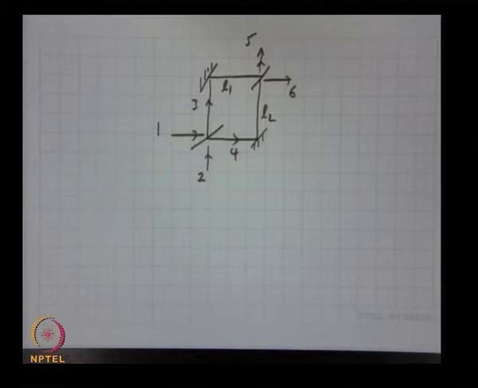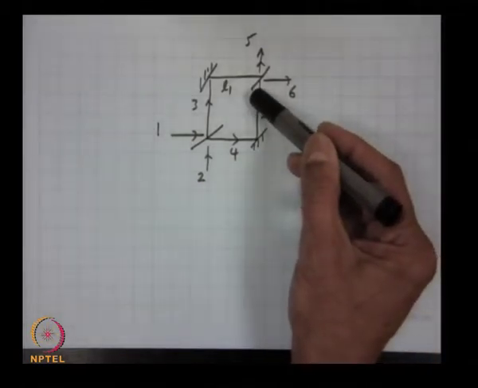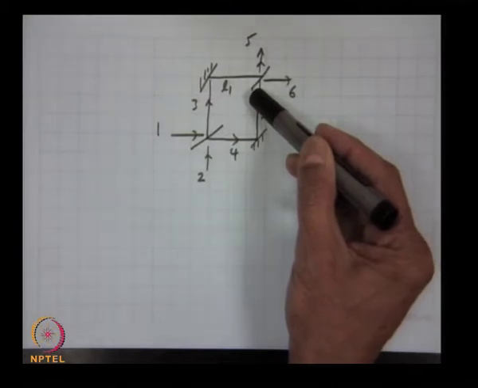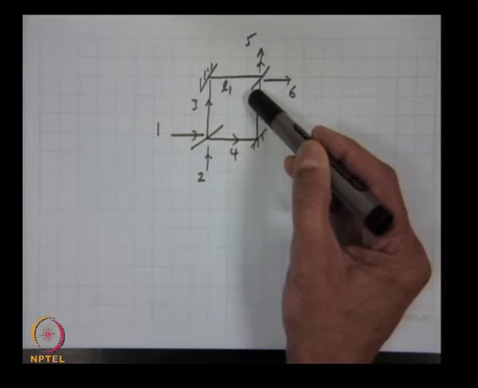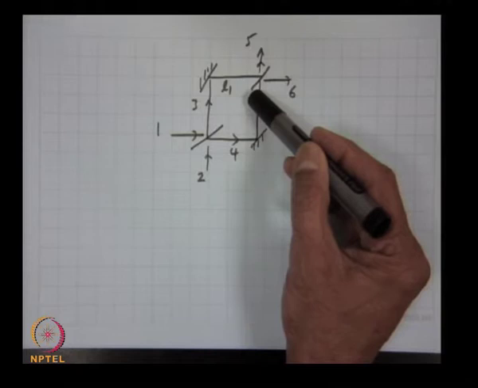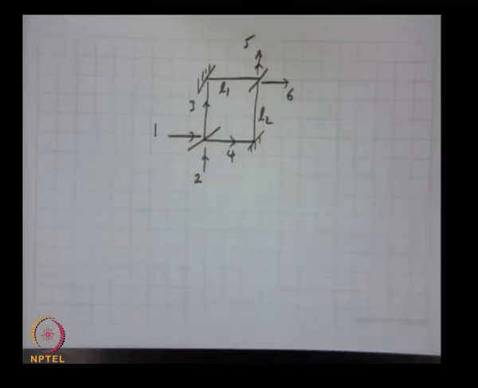Also note that if I had a detector here, then this detector will either detect the photon or it will not detect the photon, because then you are looking at the particle aspect of light. Either it detects a full photon or detects none. If you did not have a detector, you are looking at the wave aspect of light, because it goes through both arms and comes out from either 5 or 6.